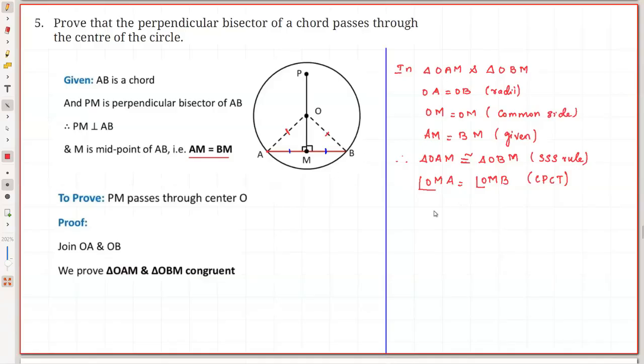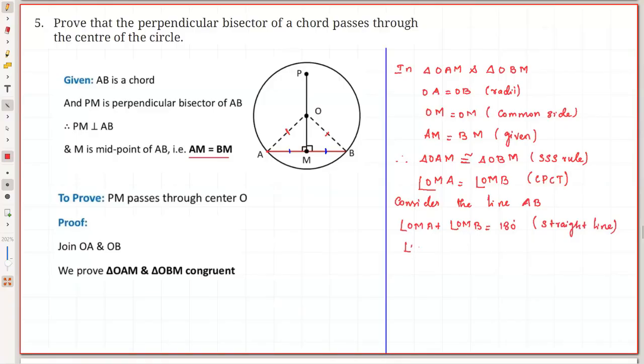Consider the line AB. That means I can say that angle OMA plus angle OMB is equal to 180 degrees. It is a straight line, straight line property, or we can say linear pair. OMA is equal to OMB, so both are equal, right?